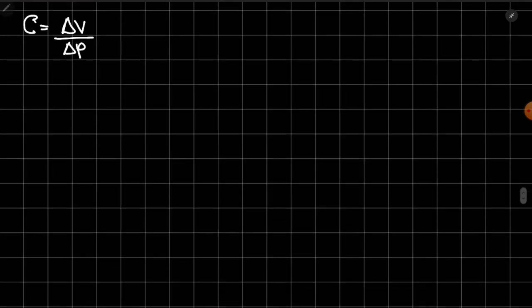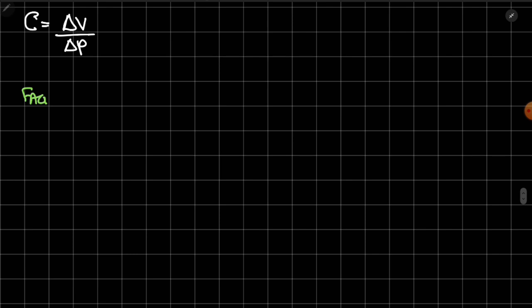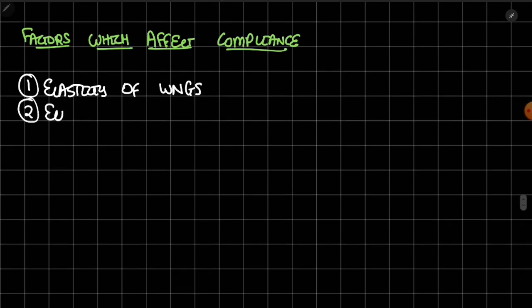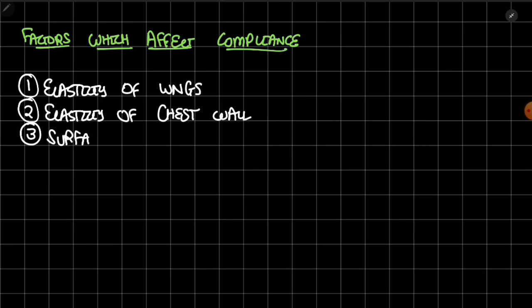Now what are the factors which affect compliance? The factors which affect compliance are the elasticity of lungs, the elasticity of chest wall, and the surface tension.